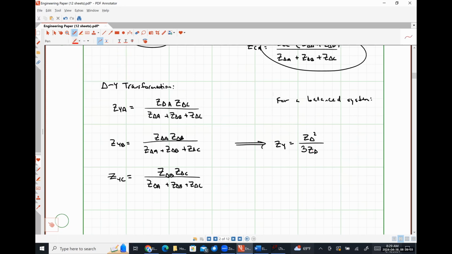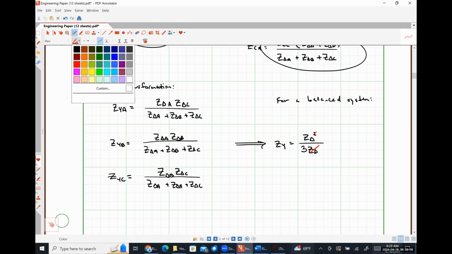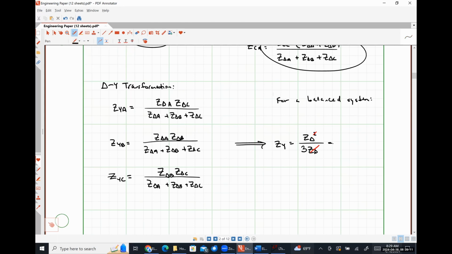So one Z delta in the numerator cancels out one of the Z deltas in the denominator, and we wind up just getting 1/3 Z delta. So for a balanced three-phase system, to convert a delta-connected impedance into a Y-connected impedance, we just divide the impedance by 3. That's it.